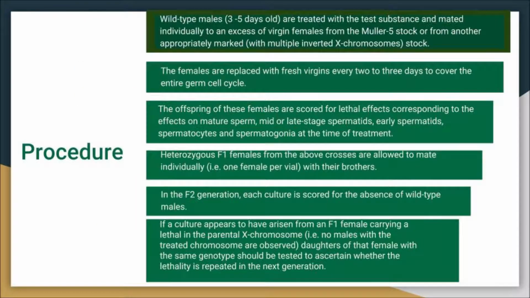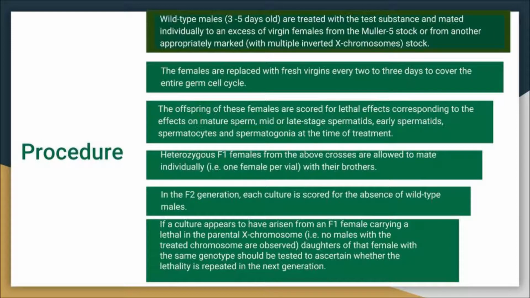Okay, now let's proceed to the procedure of this test with Drosophila melanogaster. First, wild-type males, which are 3 to 5 days old, are treated with the test substance and mated immediately to an excess of virgin females from the Muller 5 stock or from another appropriately marked stock with multiple inverted X chromosomes.